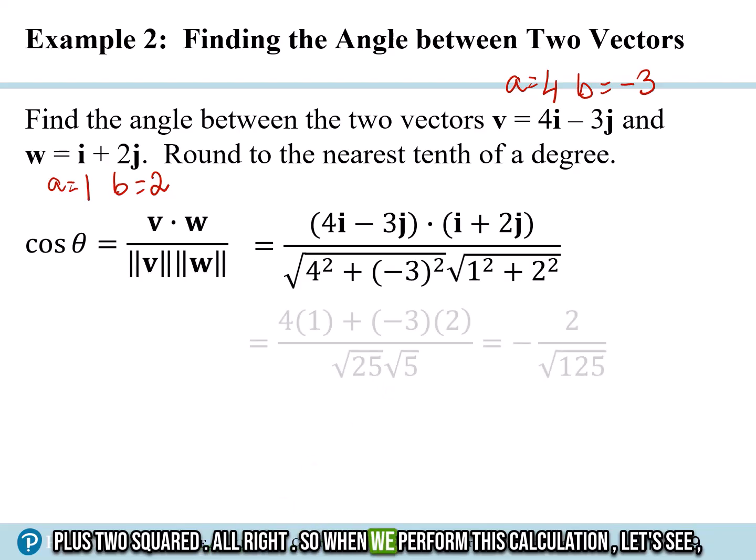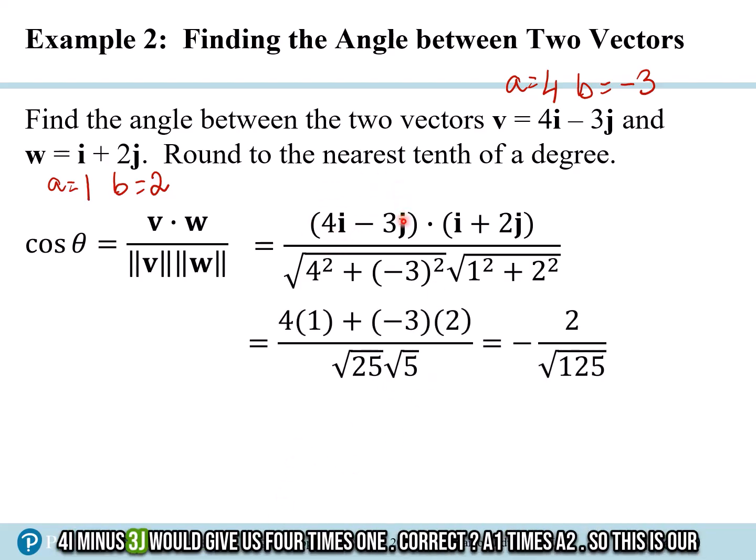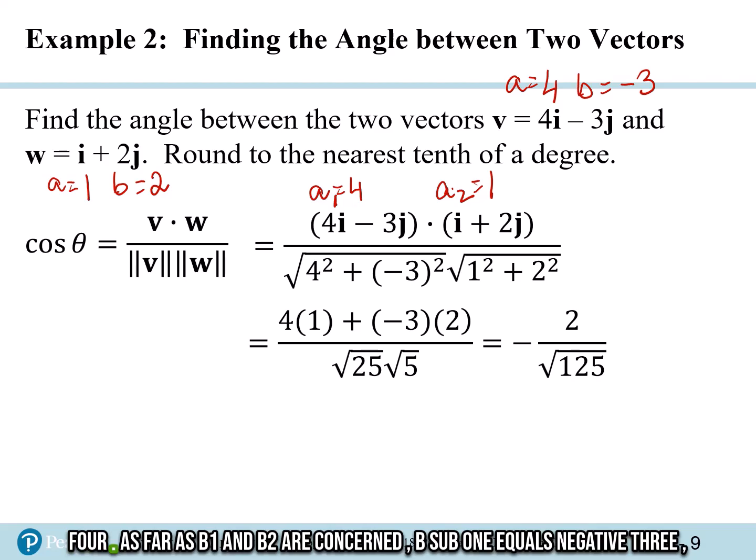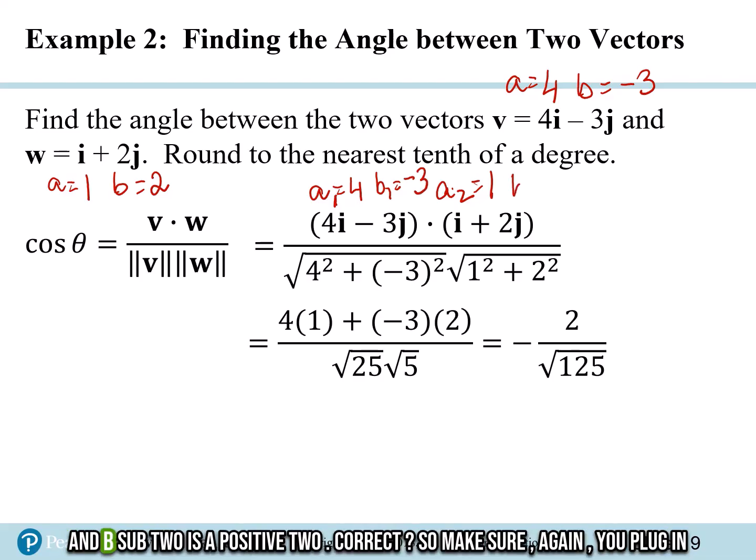All right. So when we perform this calculation, 4i minus 3j would give us 4 times 1, correct? A1 times A2. So A1 is a 4 and A2 is a 1. As far as B1 and B2 are concerned, B sub 1 equals negative 3 and B sub 2 is a positive 2, correct?